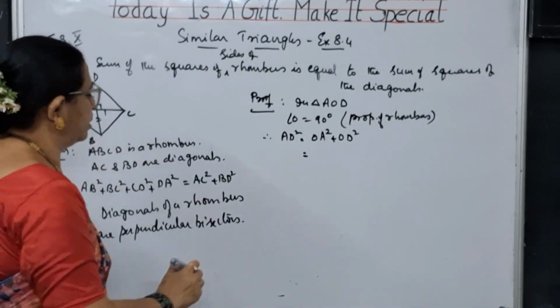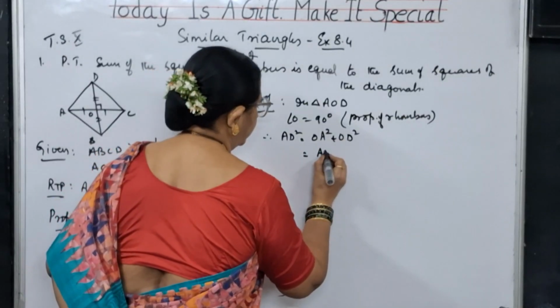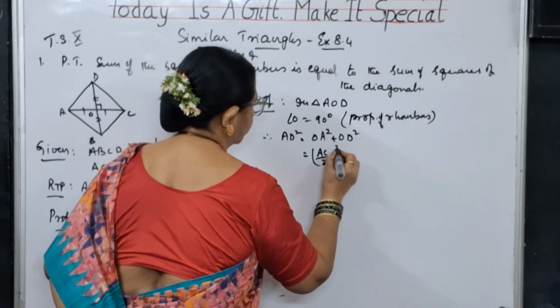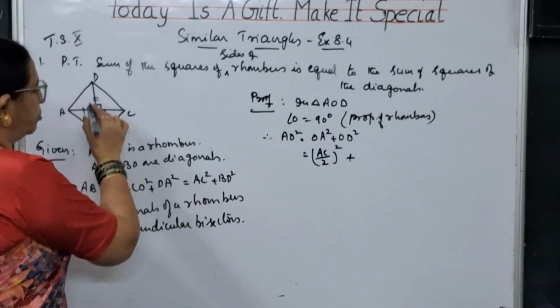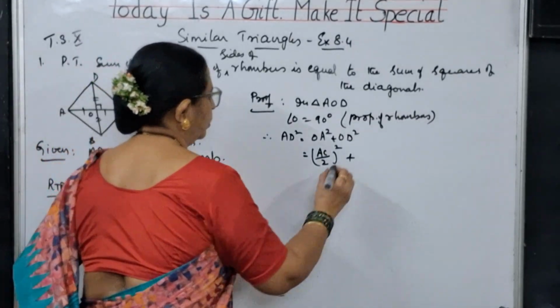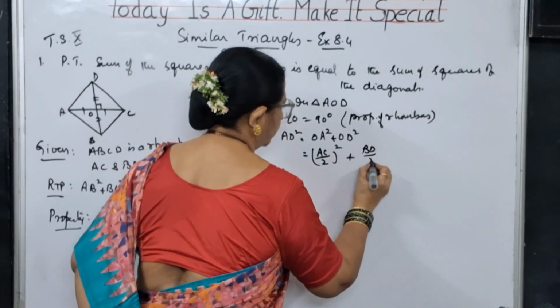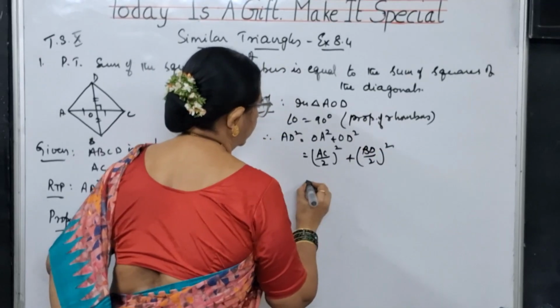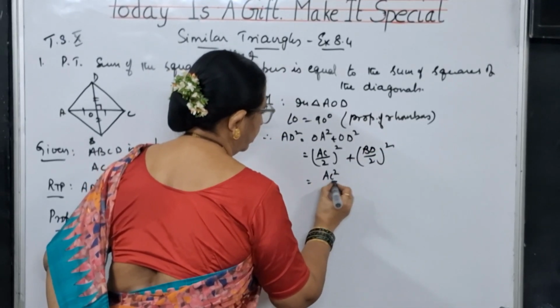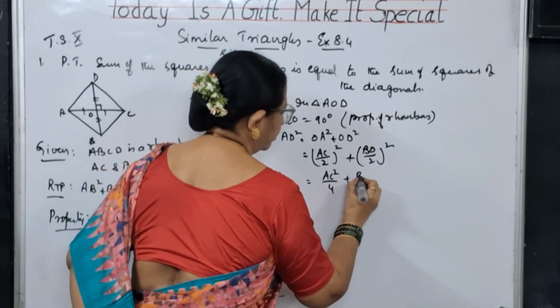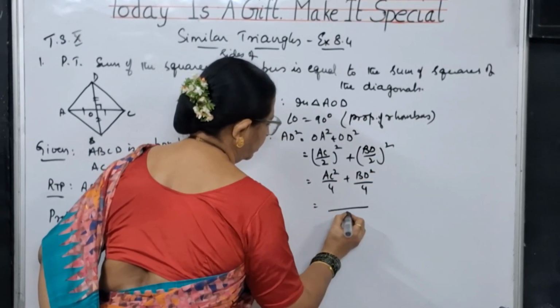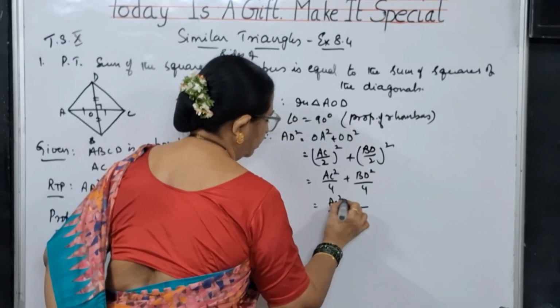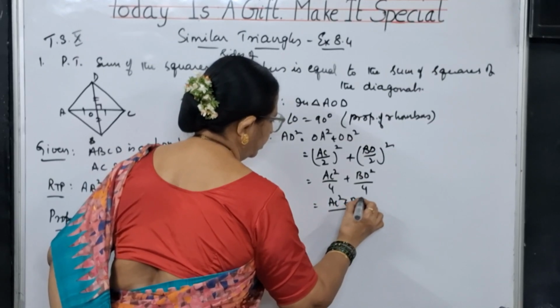So OA is nothing but AC by 2 whole square plus OD also is nothing but BD by 2 whole square. That means AC square by 4 plus BD square by 4. So if you take LCM 4, we will be writing AC square plus BD square.